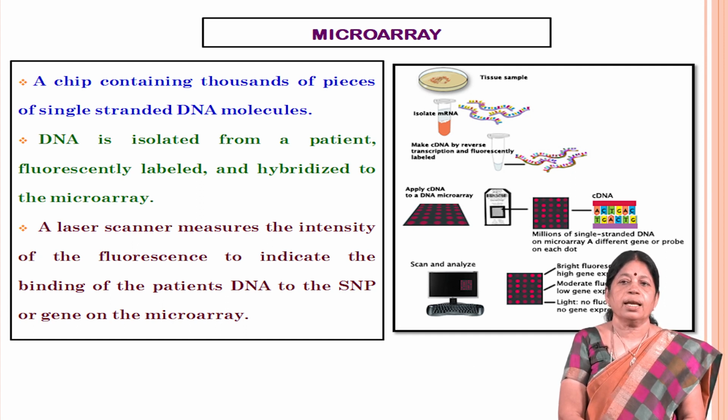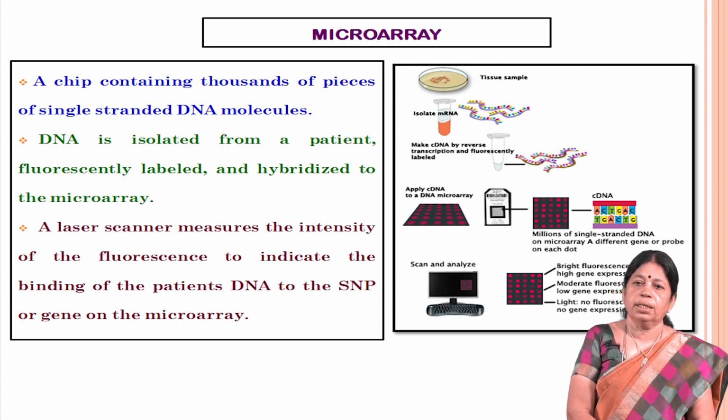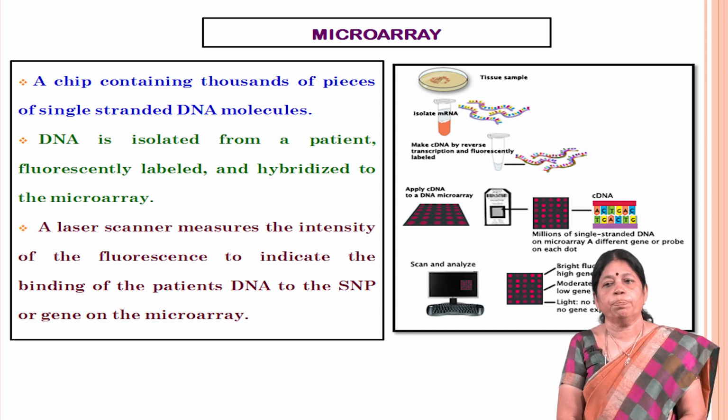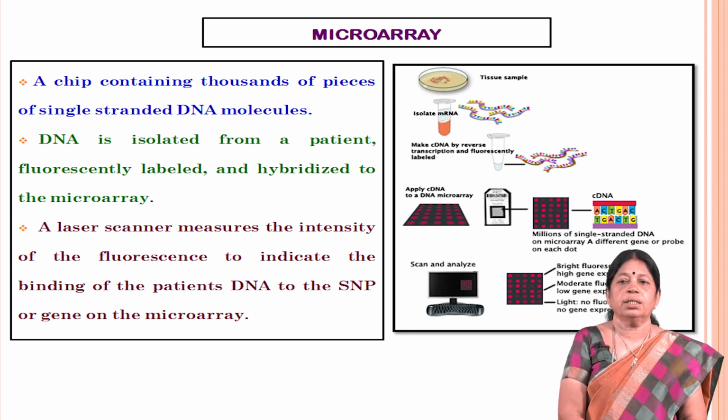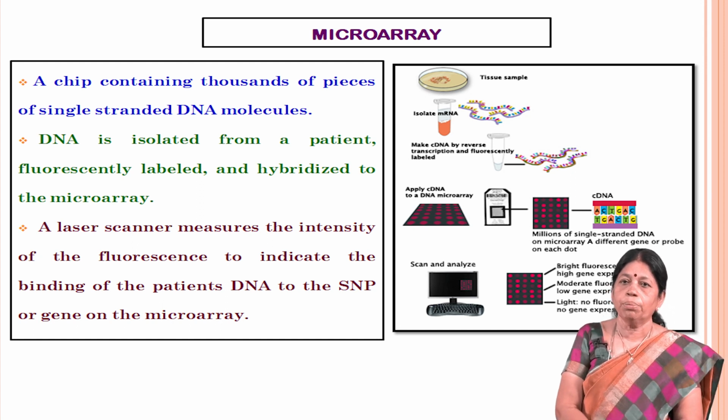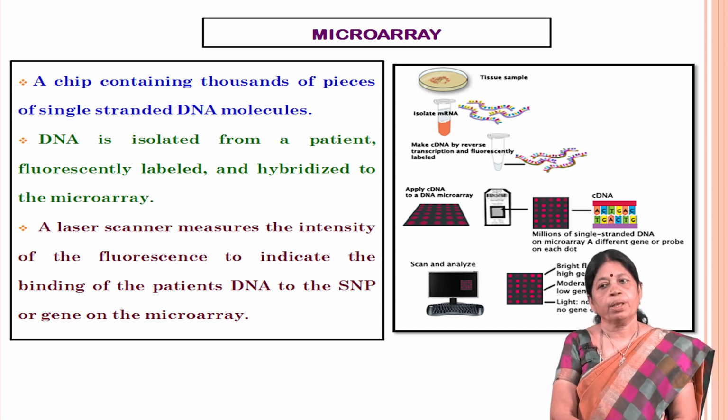So a laser scanner measures the intensity of the fluorescence to indicate the binding of the patient DNA to the single nucleotide polymorphism or gene on the microarray. So the chip is similar to an electronic device. This has a large number of single stranded DNA molecules.